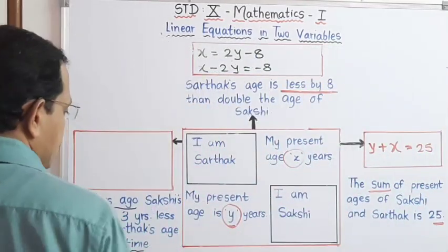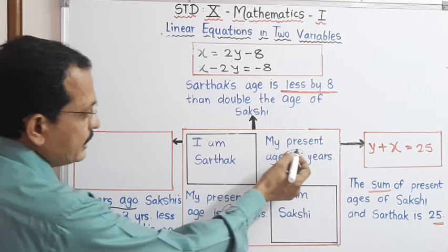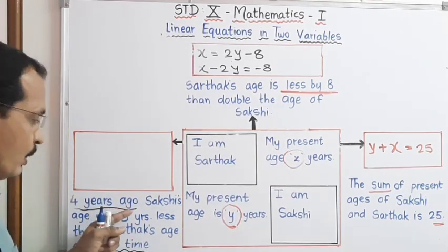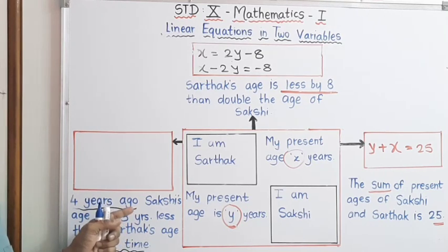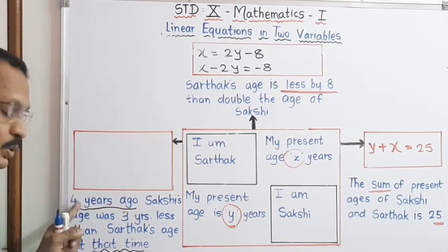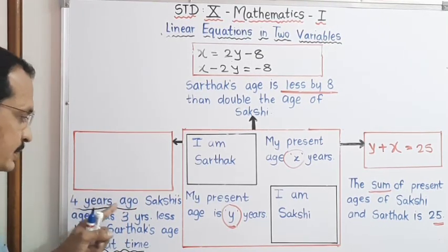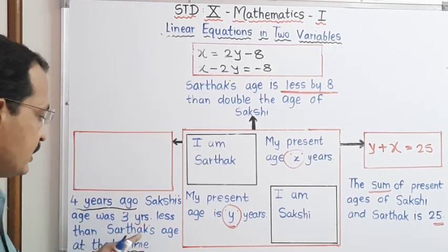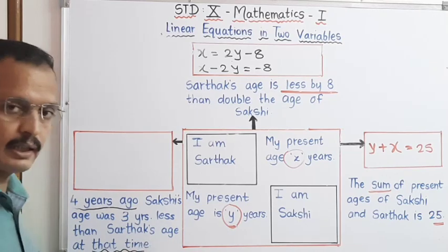For that purpose, see here. Present age is x, and I have already told you if we have to find out the age before 4 years. Before 4 years, that means we have to subtract the 4. 4 years ago, Sakshi's age was 3 years less than the Sarthak age at that time.